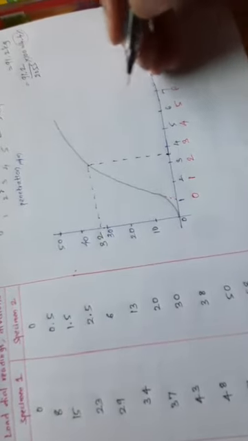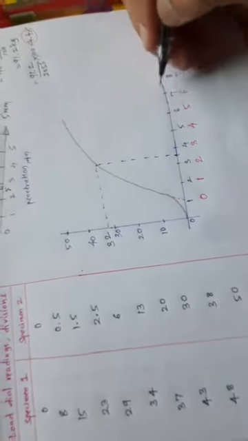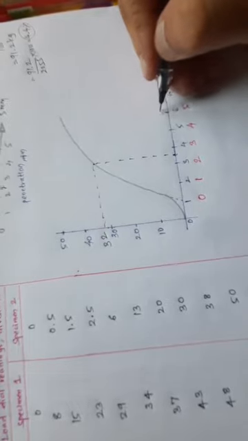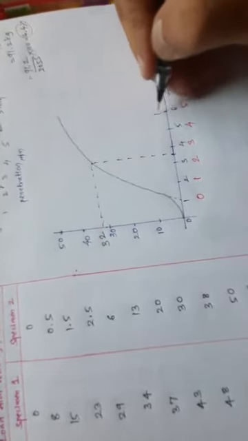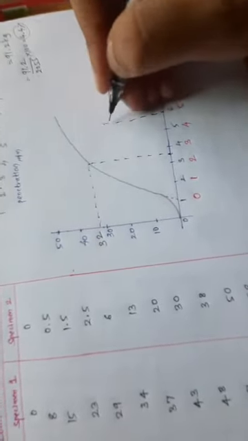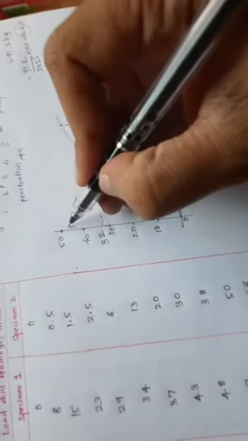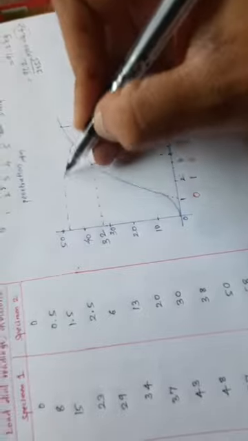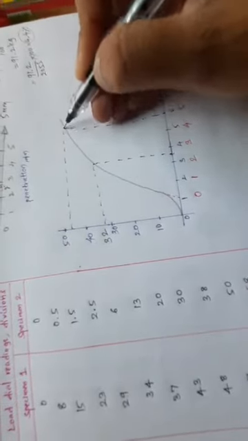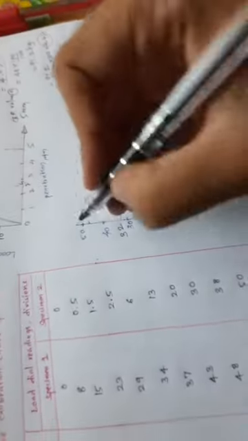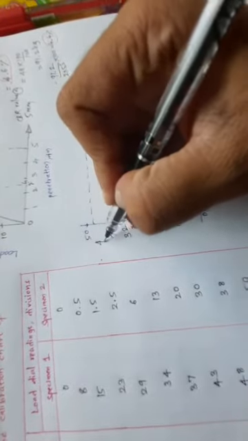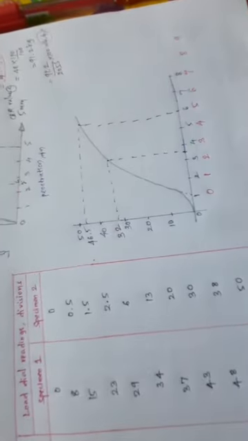The 5 mm will be here. This is 6, and the 5 mm will be here. You draw it properly on graph sheets and check the values. That will be around 46.5 or 47. These will be my readings.